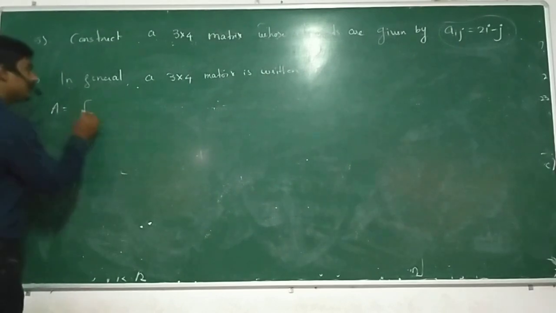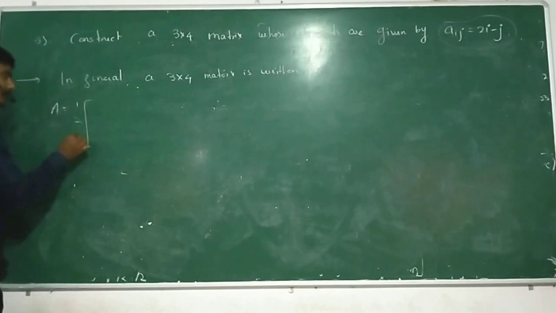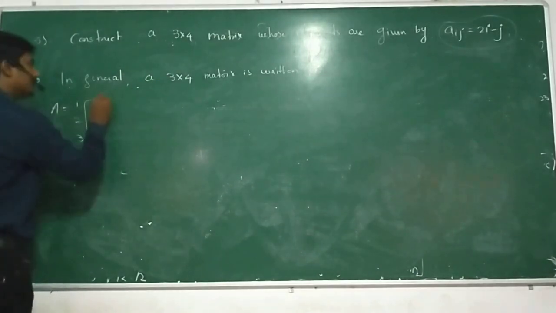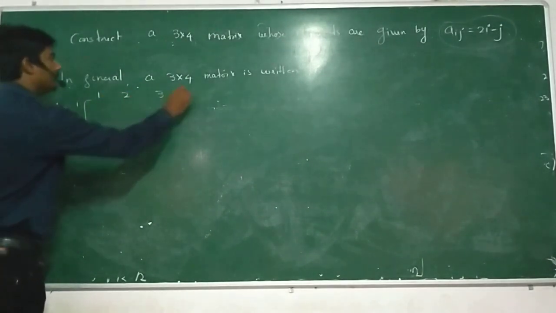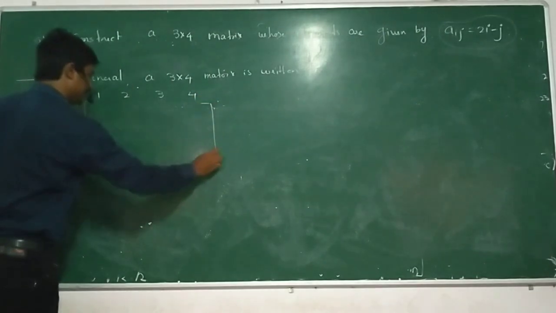When I say 3 by 4 matrix, the matrix will have 3 rows of elements and 4 columns of elements.